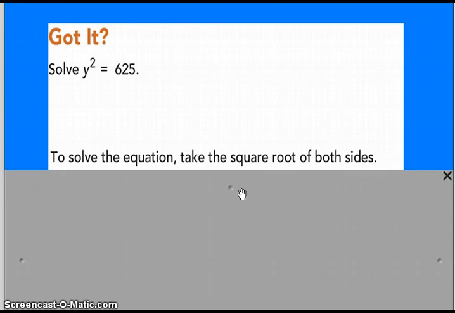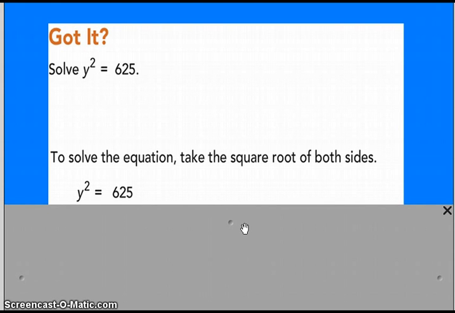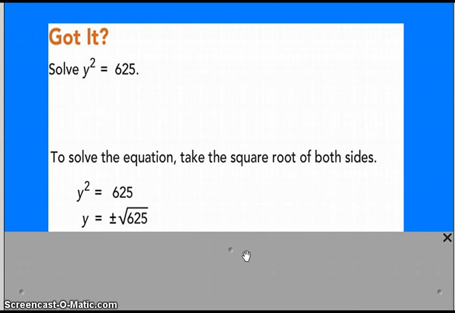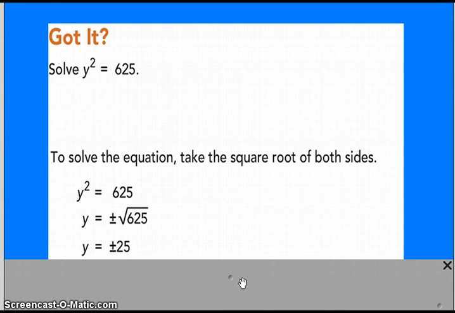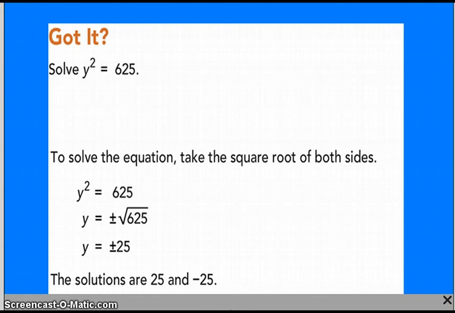Take the square root of both sides. So y squared equals 625. Take the square root of both sides. Y is equal to positive or negative 25. We take those two solutions, we plug them both in, make sure they both work, and of course they do.